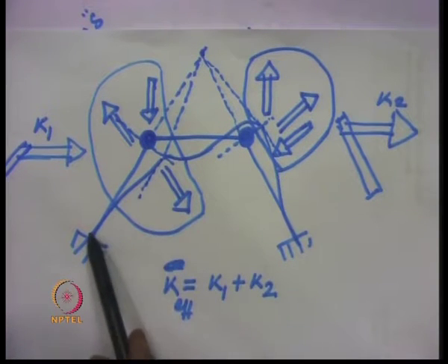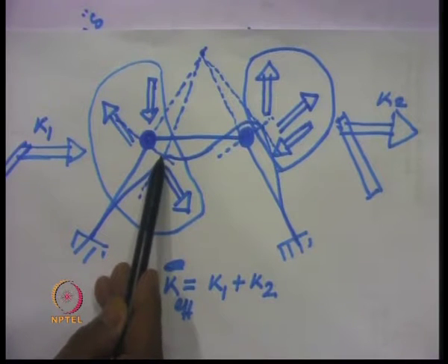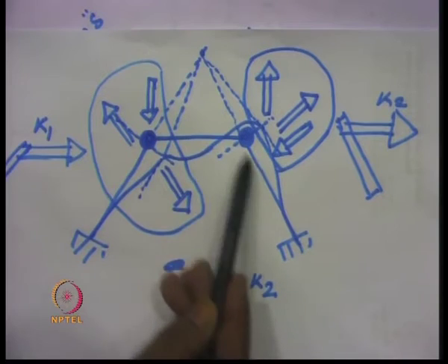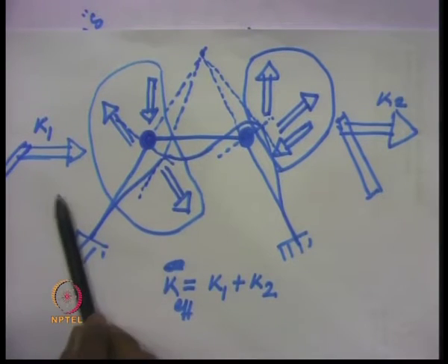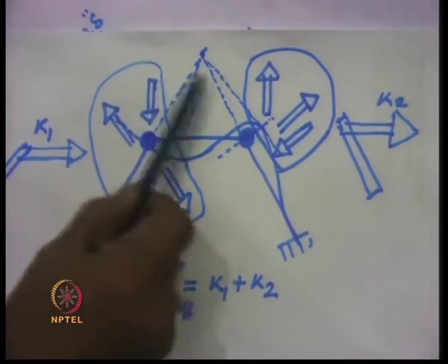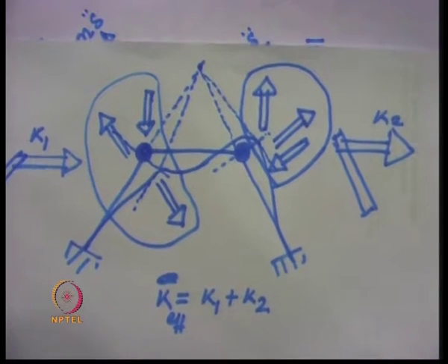The length of this member remains unchanged because this point is moving perpendicular to it. So, all the three members after this given rotation about the instantaneous center will not undergo any change in length.